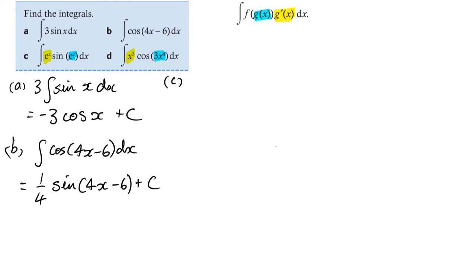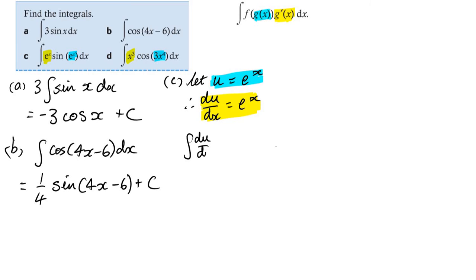So for C, what we need to do, I don't like this g and g dash notation. Let's use u. u is e to the x, and therefore du dx would also be e to the x. That's u, the inner function. That's du dx, the derivative of the inner function. So we replace those in the integral: du dx sine u.